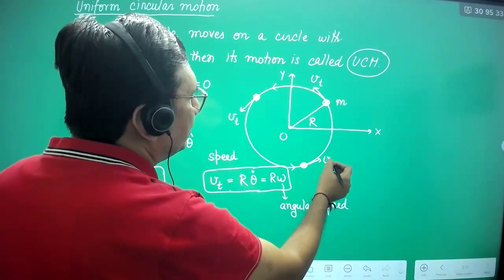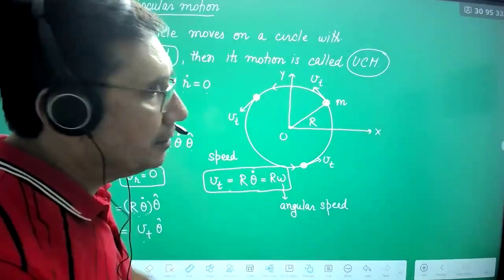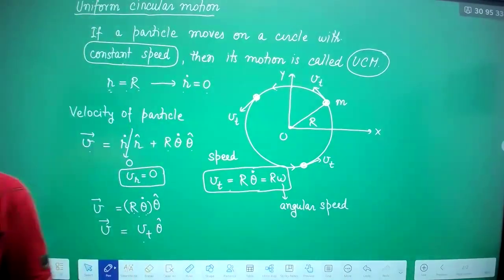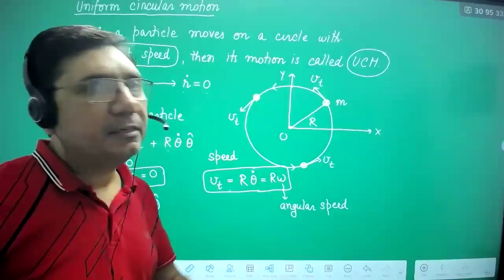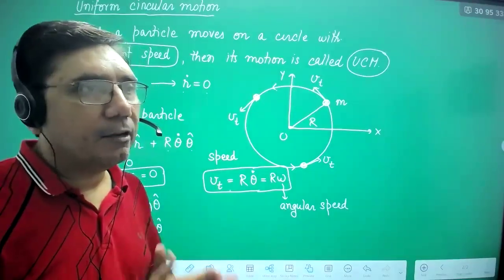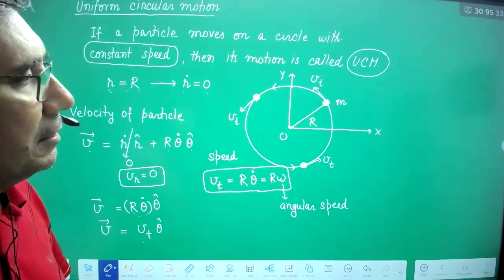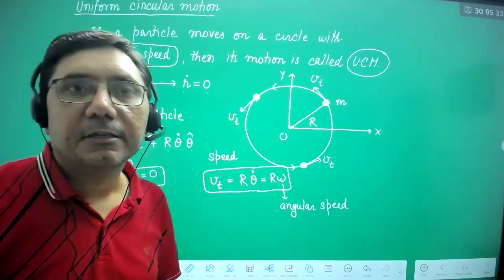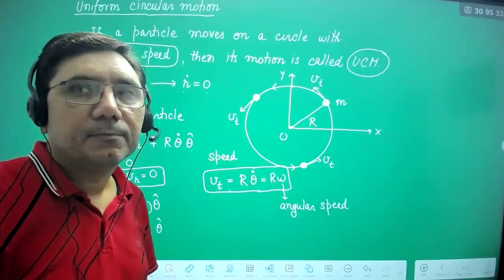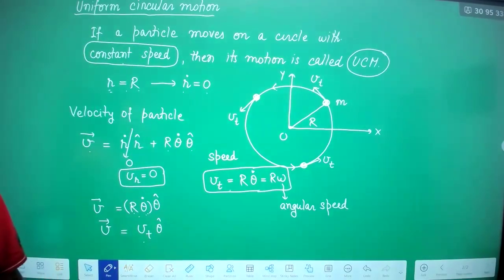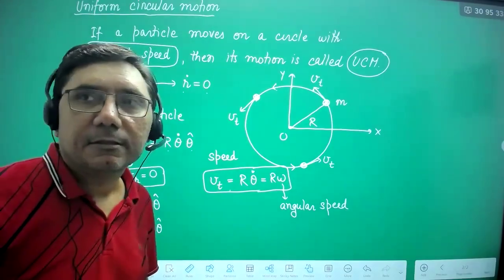So you can write here, the magnitude of the velocity, that is speed, will remain constant throughout the motion.